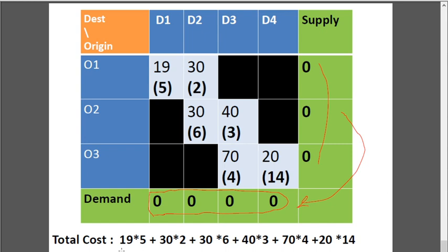Next, the transportation cost occurred would be the cells where you have assigned. So here I have assigned 5 units between origin 1 and destination 1 and per unit cost is 19. Therefore, the total cost for this allocation will be 19 into 5. This one.